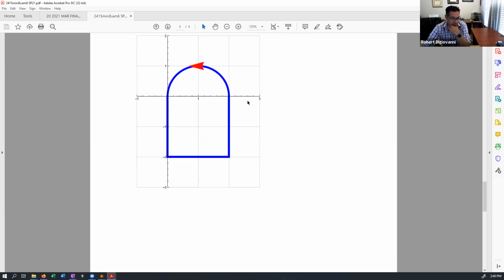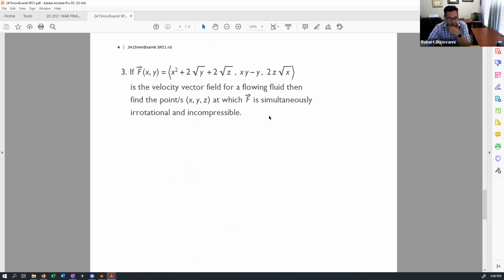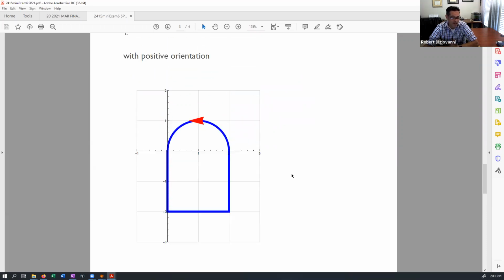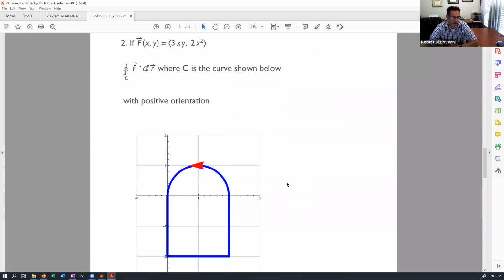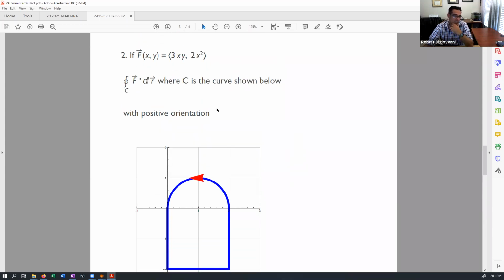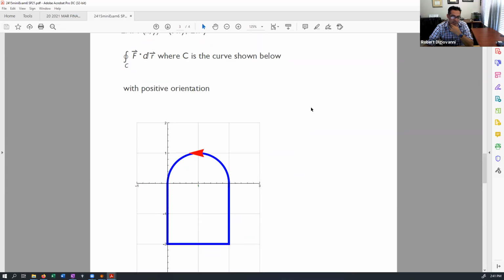And the last one, you can't do yet either, because it asks you to figure out where that vector field is both irrotational and incompressible. We haven't even talked about that yet. So as of right now, mini exam 6 consists of one problem that you can do. I think by the end of next class we'll be able to do number 2, but we may not get to number 3. We'll just see.